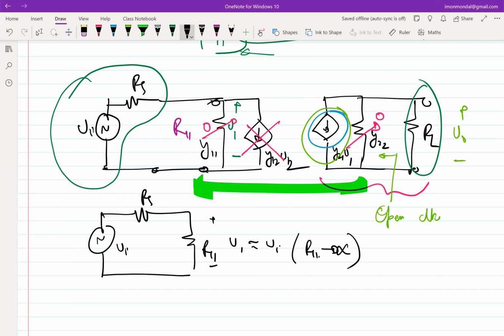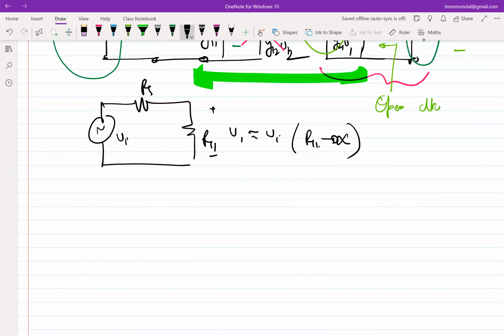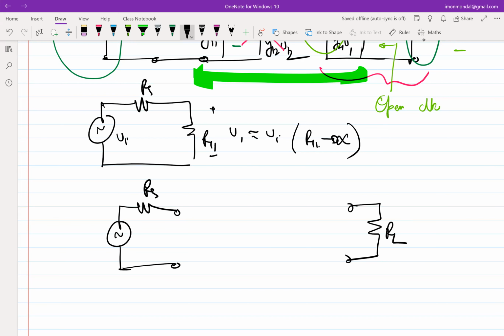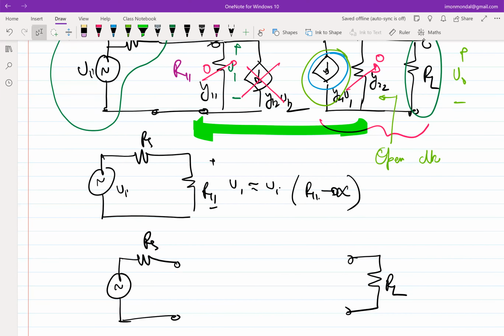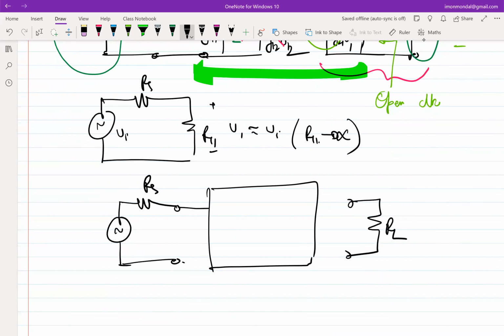Okay. So if this is the scenario, then what is the effective cut-down model of our amplifier? If this is the input, and this is your RL. From the input side, essentially everything goes to 0. Y12 goes to 0, Y11 goes to 0, so the input side becomes open circuit. So you have this box, the incremental two-port network box.